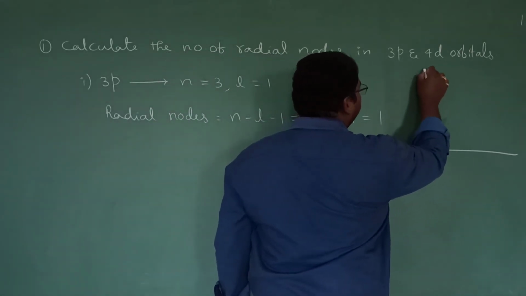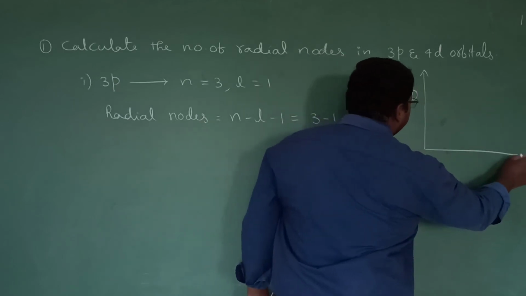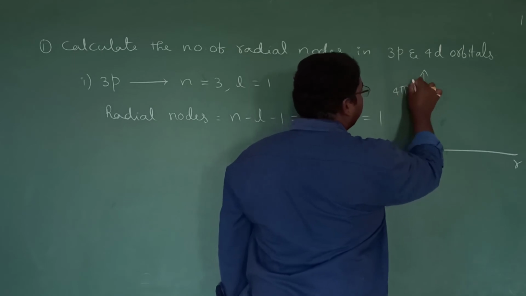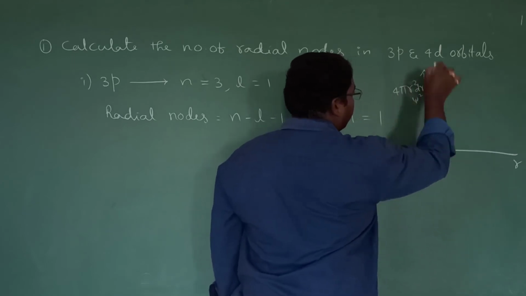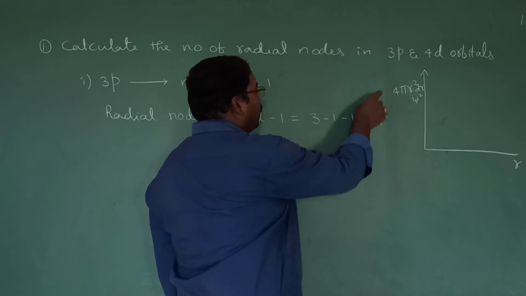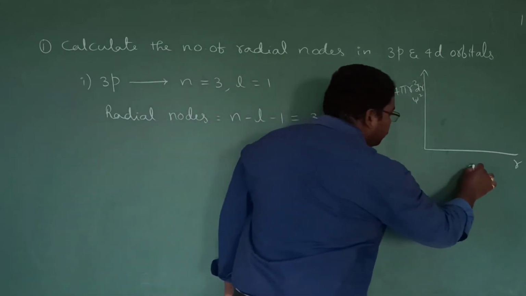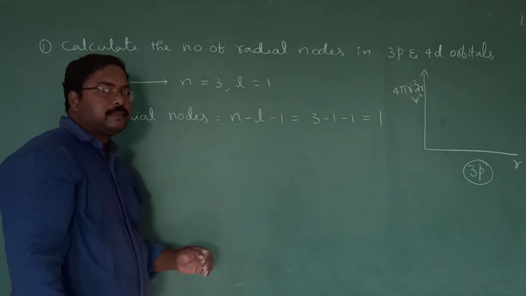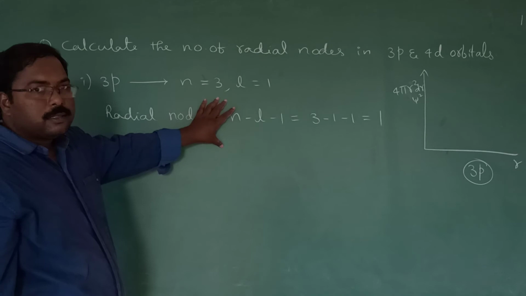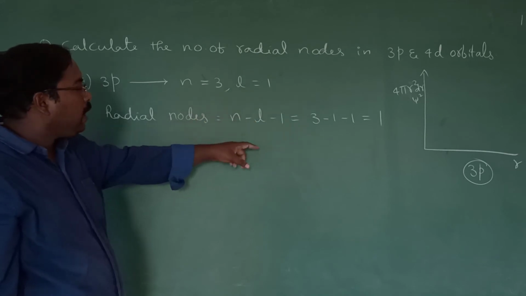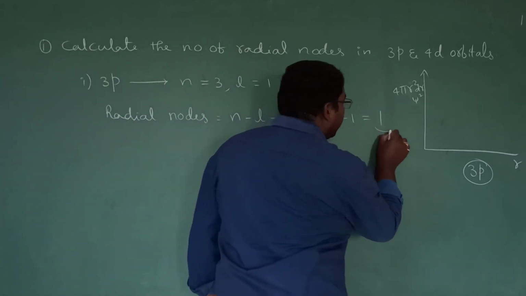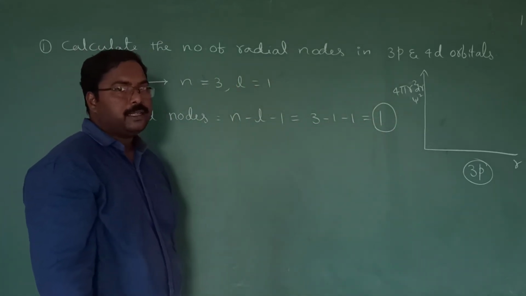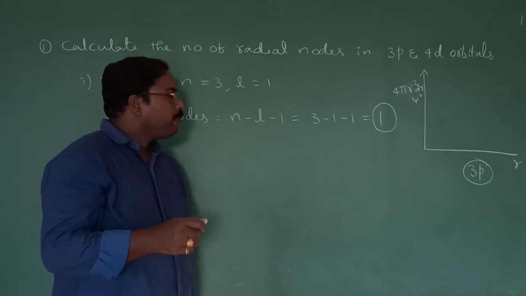For the 3p orbital, we plot 4πr²ψ² dr. If you draw the graph for this one, how many radial nodes are we getting here? We came to know we are getting one radial node. Got the logic or not?